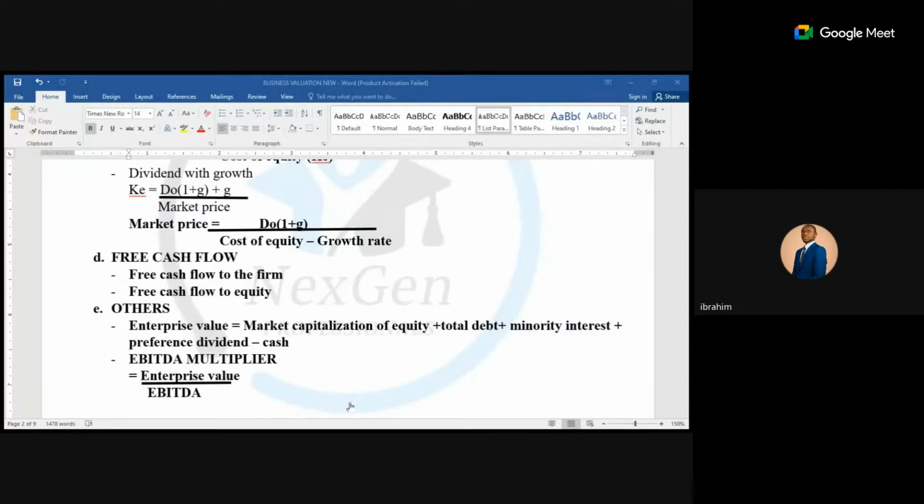Then we have the EBITDA multiplier. Your enterprise value divided by the EBITDA will give you the market value of the company. Even at professional level, the methods they usually test are the asset base, the income base, the dividend, and the free cash flow, which is the discounted cash flow approach.